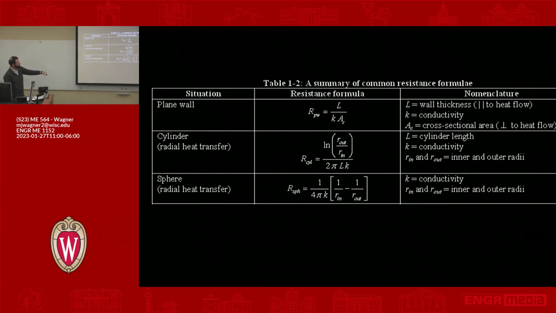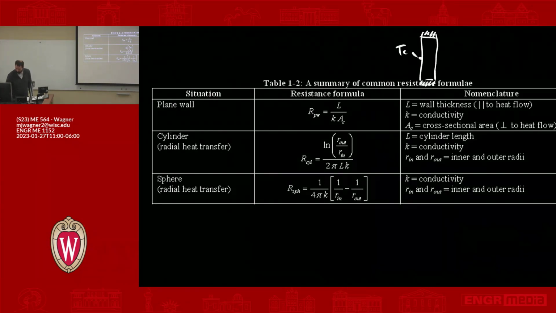So you can just look at this. I think the important things to point out are for the plane wall resistance, we're always worried about this: what is this value up here? This L. L is always the distance that you have to conduct. So if you have a plane wall, let's see if I can draw this up here, let's say we have some plane wall and it's adiabatic, and we have temperature hot here, temperature cold here.